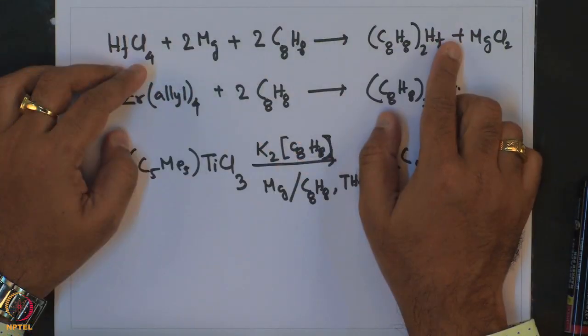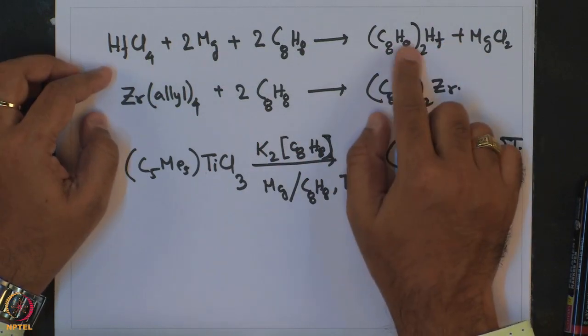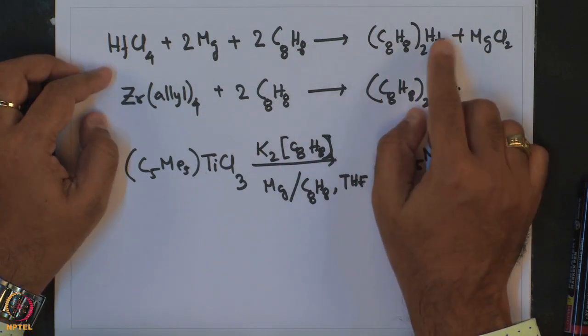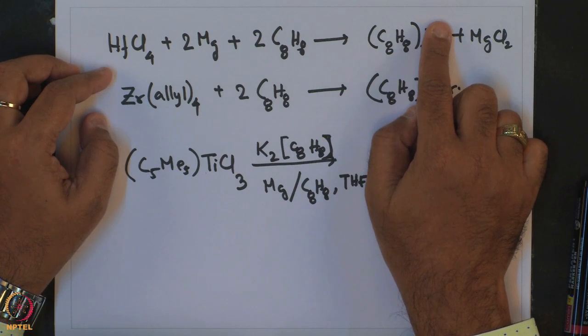these reducing agents like metallic magnesium, or over here magnesium C8H8, have been added, and this is primarily to make the COT into a dianionic form, because COT would take 2 electrons to become dianionic, and that then would react with hafnium. So, in this case 2 COT in dianionic form makes hafnium +4 oxidation state.